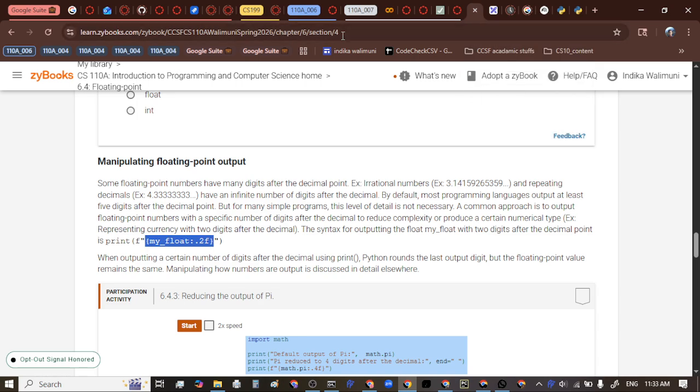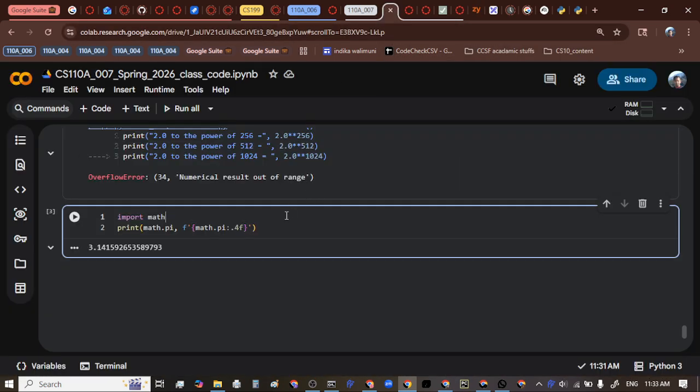Yeah, okay. So this is saying: print math.pi's value and round it to 4 decimal points. This f means it's a floating point number, and this dot means this many decimal points after.